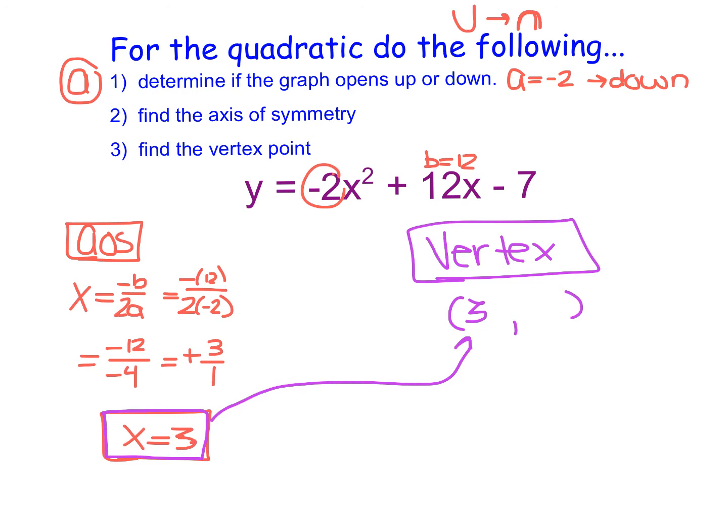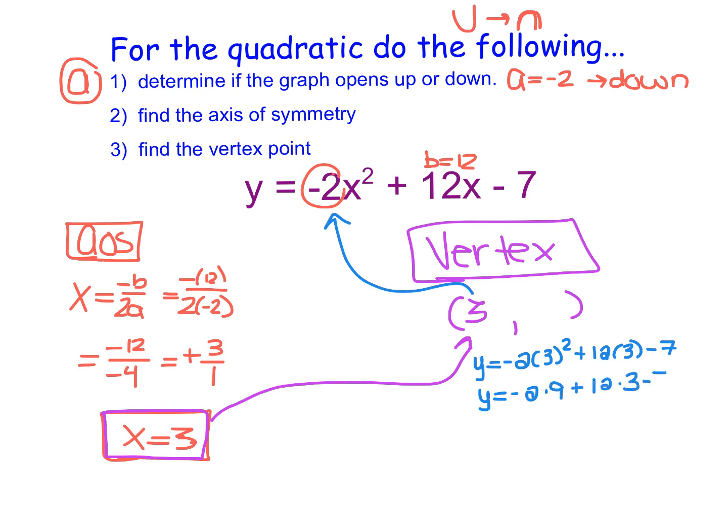So now what we're going to do is calculate the corresponding y value that goes in our vertex. Here, if we take our x value of 3 and substitute it into x in the equation above, we have y is equal to -2 times 3 squared plus 12 times 3 minus 7. We start with the exponent there, so we have y equals -2 times 9 plus 12 times 3 minus 7.